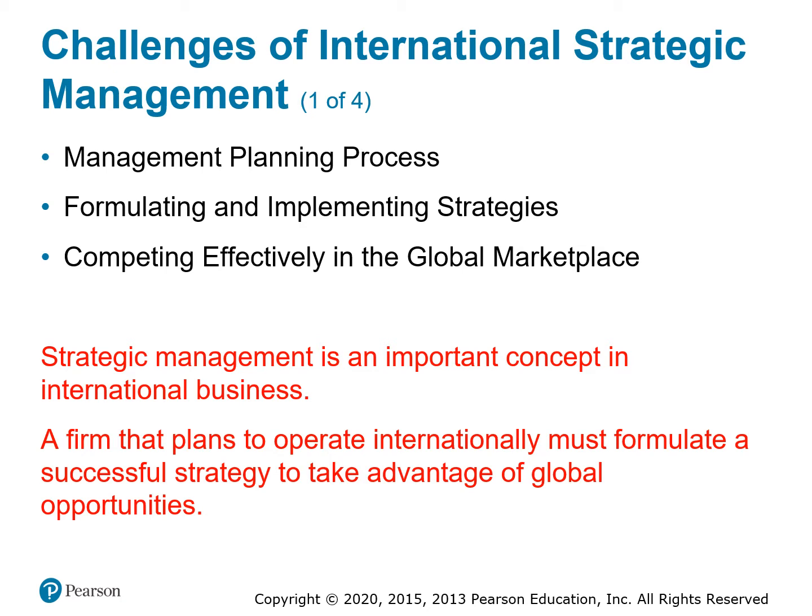International strategic management is a comprehensive, ongoing management planning process aimed at formulating and implementing strategies that enable an organization to compete effectively in the global marketplace. Once a firm has been able to identify international opportunities, the firm must develop international strategies that is based on its resources and capabilities.